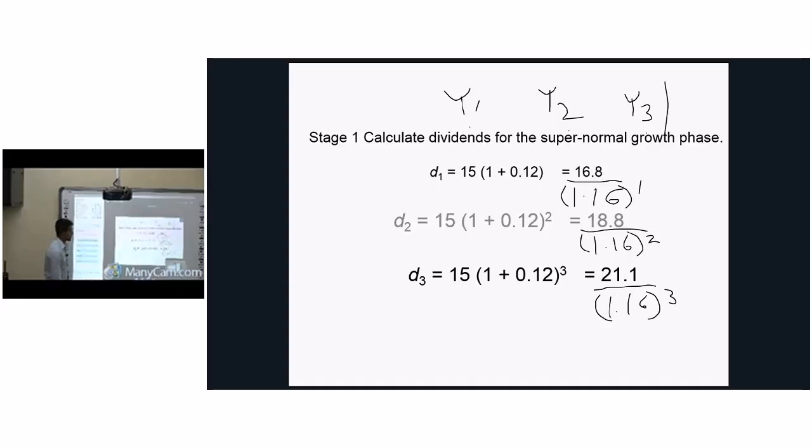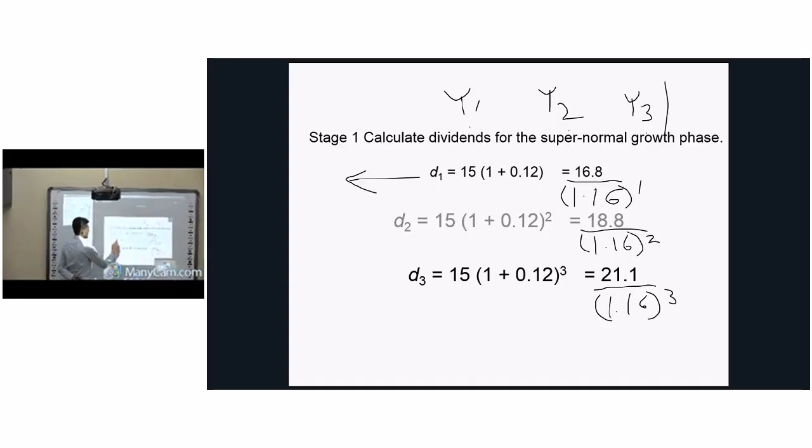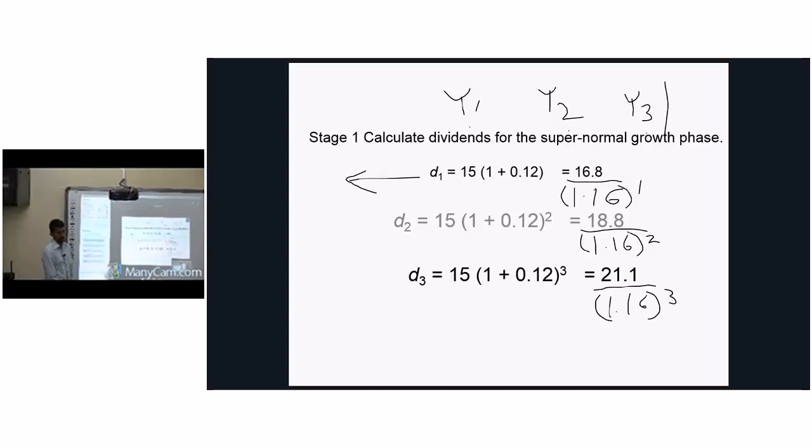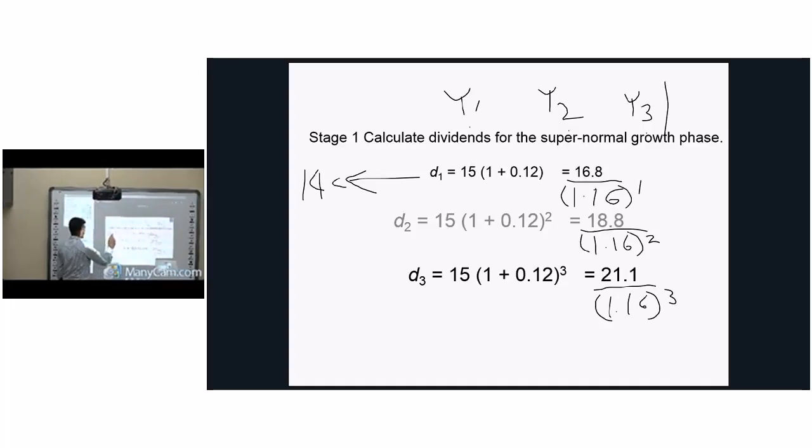For year 1, what would be the answer? How much? 14.48.